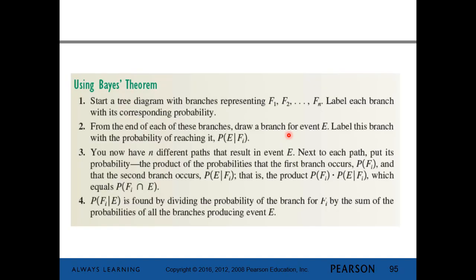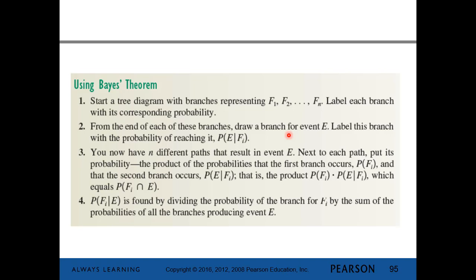Okay, so here's the way the tree diagram works. You start a tree diagram with branches representing each of the n pieces, the partitions, F1 through Fn. You label each branch with its corresponding probability.